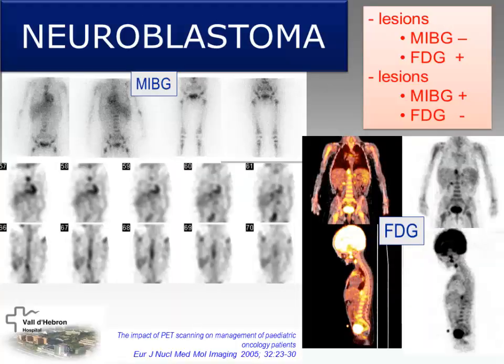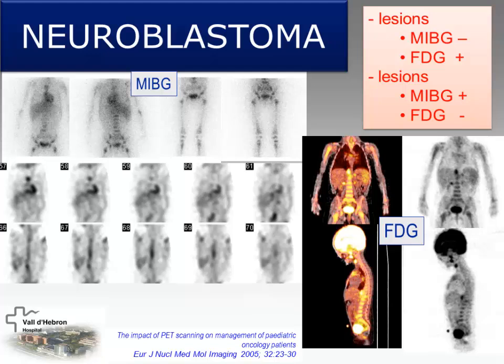And if you asked me this morning to compare MIBG and FDG in neuroblastoma, there are differences between lesions with MIBG negative and FDG positive, and the contrary has been described in several papers.